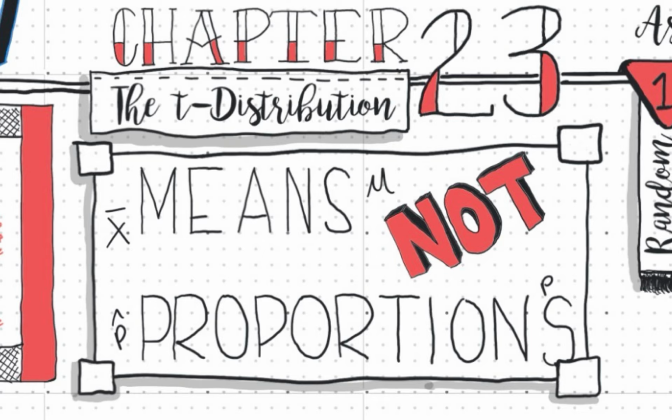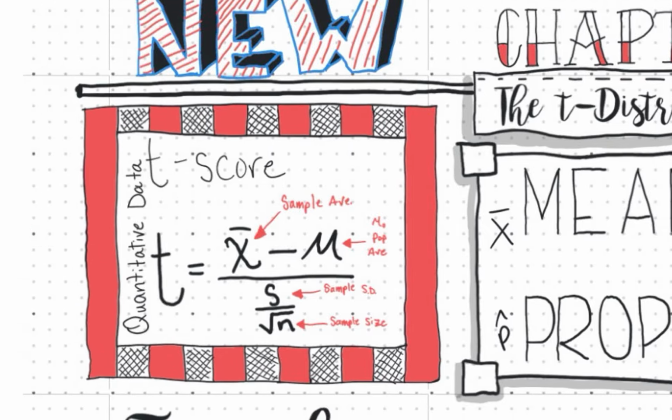And you're going to have quantitative data. Which also means that we're going to be using a different test statistic. When we're talking about proportions, we're using the z-distribution. So we use z-scores. In this one, we are going to be using a t-score.